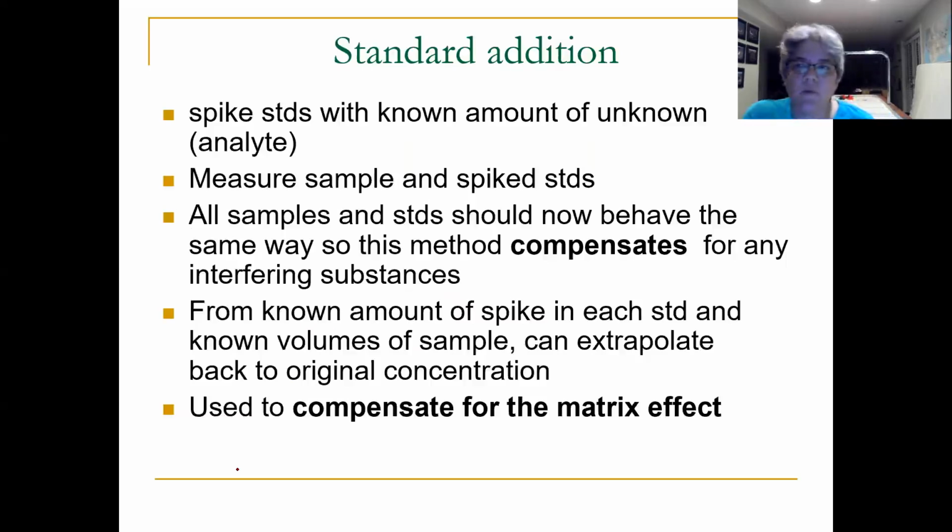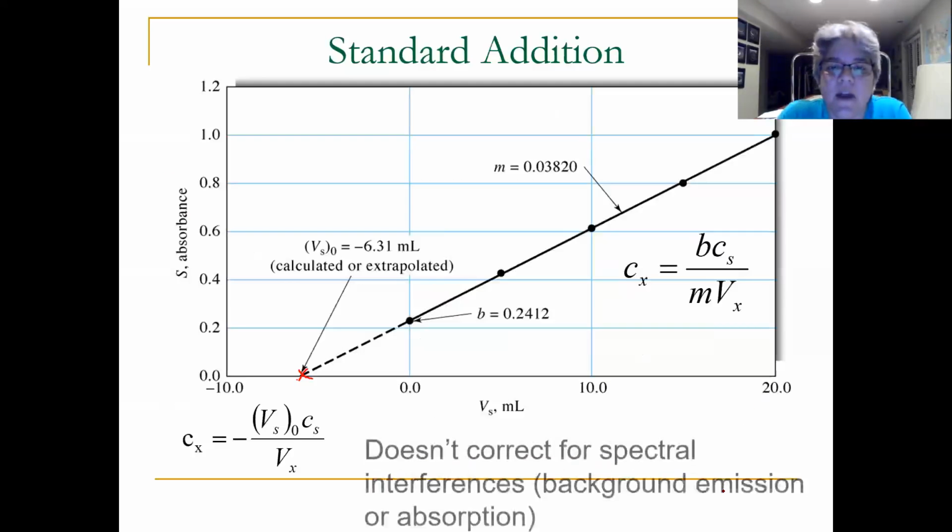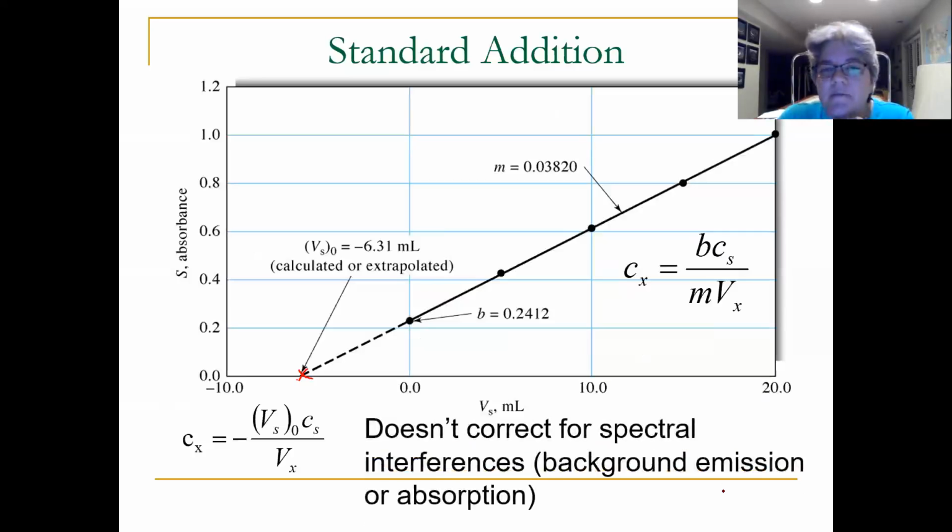Okay, so the main thing that you should know about this kind of calibration, standard addition, is that it compensates for the matrix effect. The one kind of matrix effect that it doesn't compensate for is spectral interference.